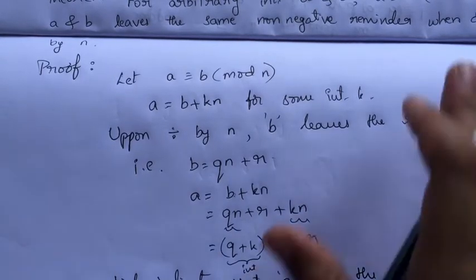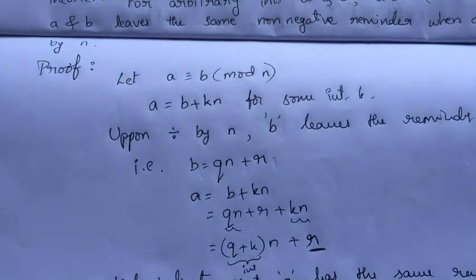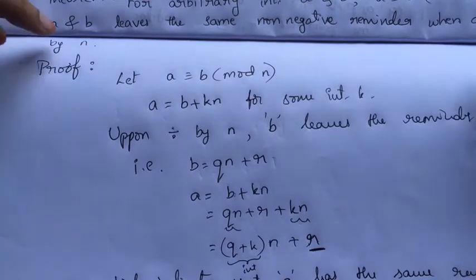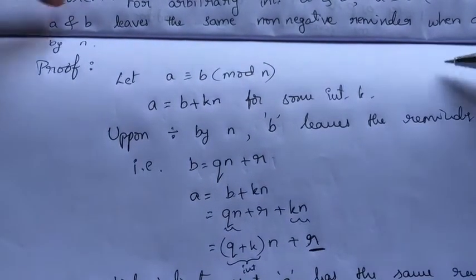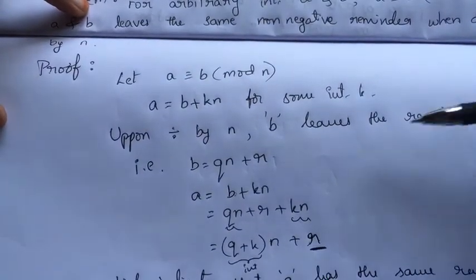Okay, so they are giving you the same remainder. Now I have to take up the other way around. If they are giving you the same remainder, whether a is congruent to b or not, that we have to check.